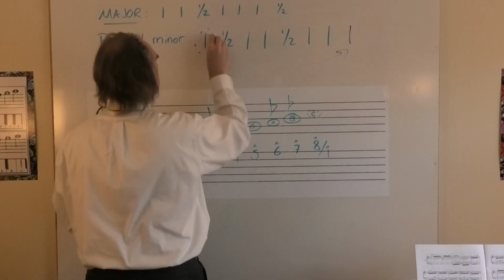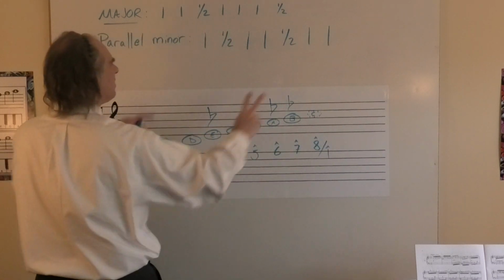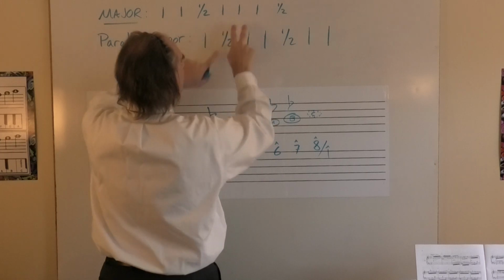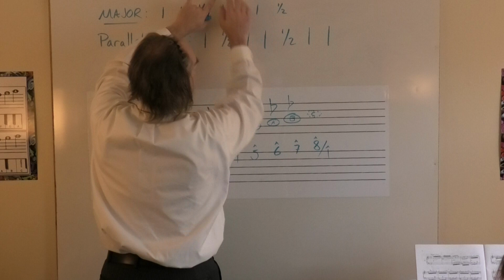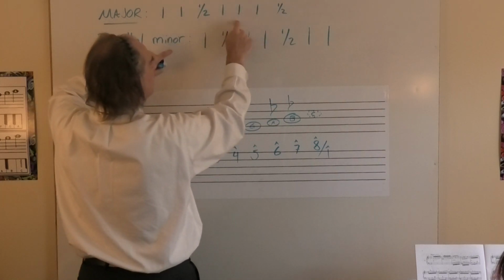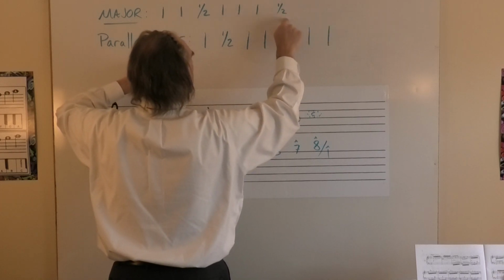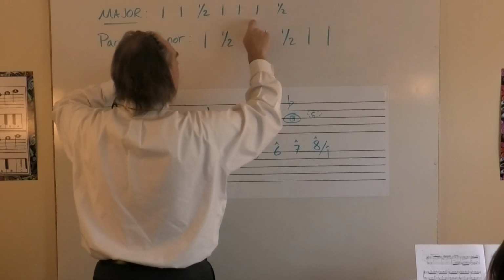Let me figure this out. These are our 3 whole steps in a row, which are right here. And we're starting right here. Whole step, half step, whole step, half step, whole step, whole step. So we're coming from here, we're starting here, and then going 1, 2, 3. So C, B, A.